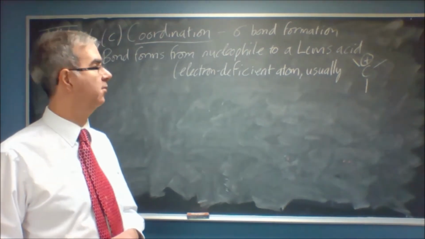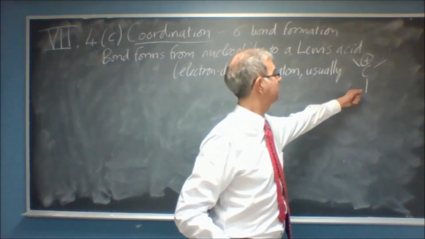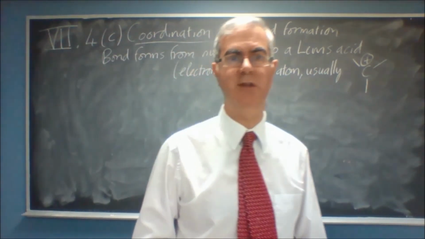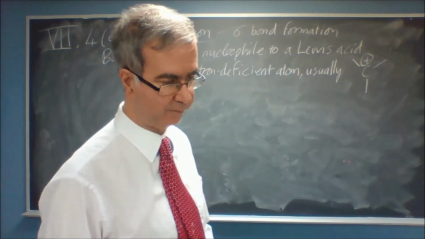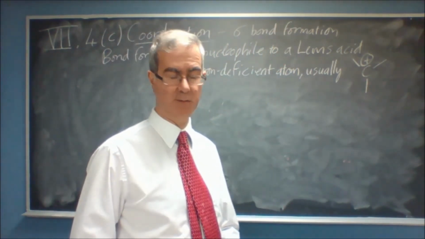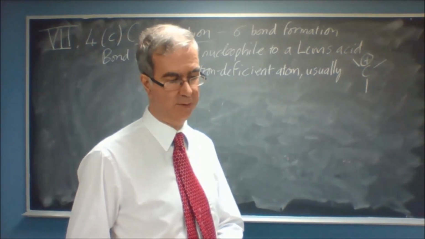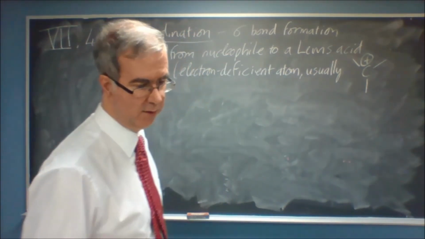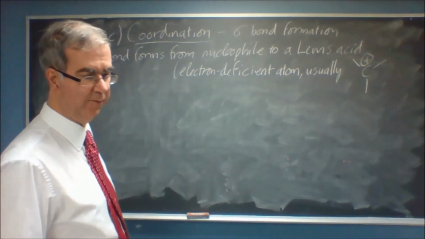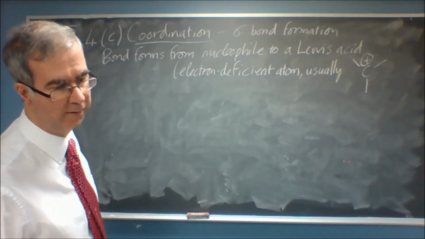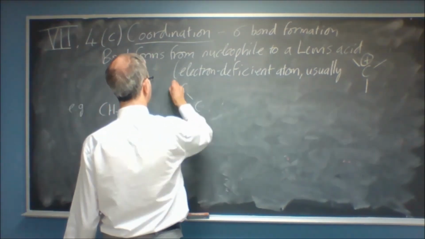But certainly this semester, this is pretty much the only one we'll see in the coordination steps. And it's a very favorable process because you're forming a sigma bond where before there was nothing. So usually it's going to have a favorable delta G.